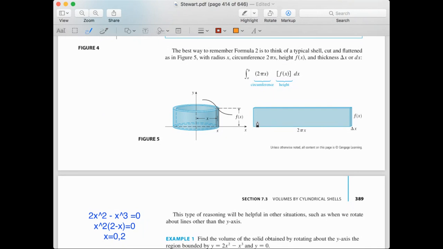How do we find the volume of this box? The length is 2 pi r, in this case 2 pi x, and then the thickness is the width.